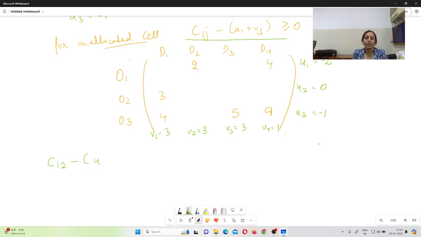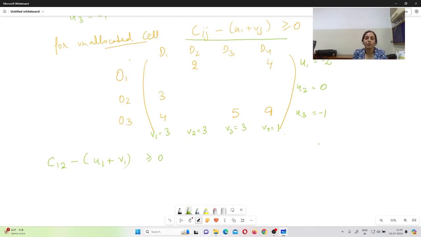Now put all those scenarios in the lower part, that is U1 plus, and the next is Vj, that is V1, and check whether it is greater than or equal to 0 or not. If it is equal to 0, that means it is true. If not, then you have given a wrong allocation and this is not your optimum answer.